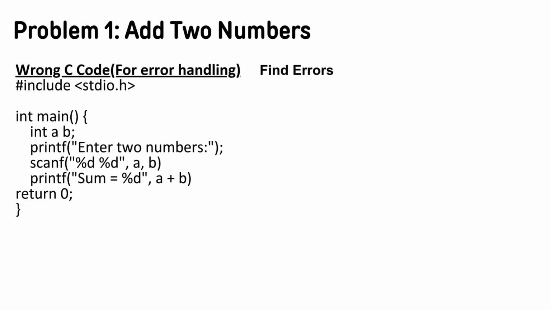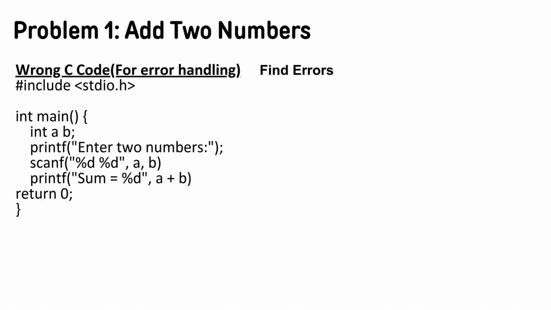So why is the ampersand operator needed in the scanf function? Because scanf needs the memory address of the variables, not the variables themselves. So that's why we must include the address of the variable by using the ampersand sign.